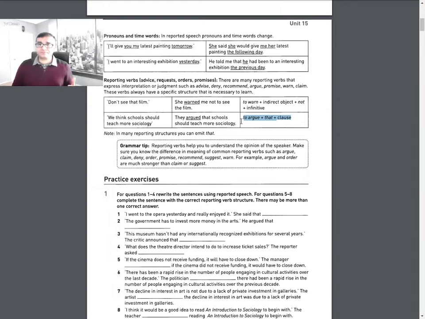Like this. If there is nothing emphasizing in the structure of the sentence, we don't need to use it. We use the previous one: indirect object, not, infinitive. While if there is an emphasizing structure like more sociology, faster admissions, in this case "more", "faster", we are using the that-clause here.